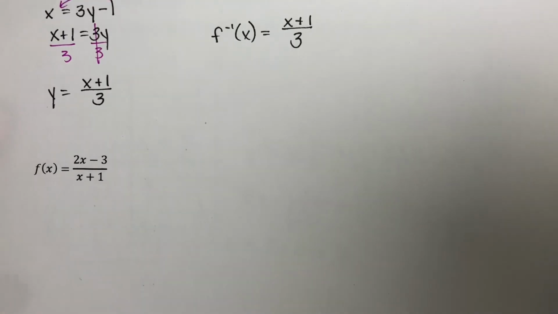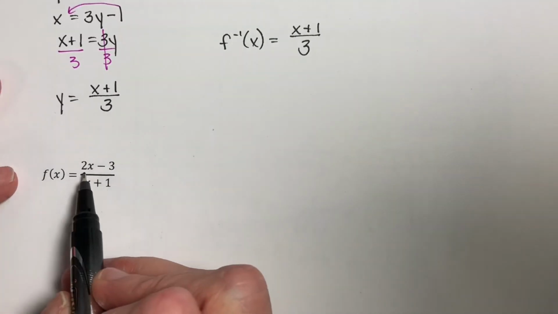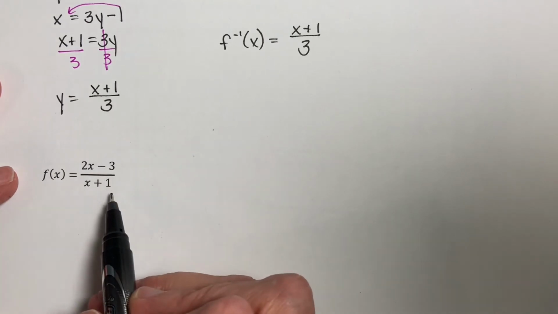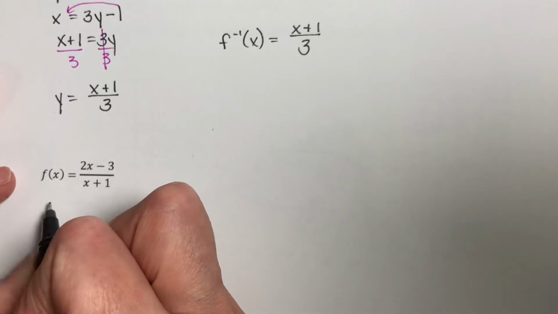Okay, so let's try this one. My function is (2x minus 3) over (x plus 1). First step is to change the f of x to a y.